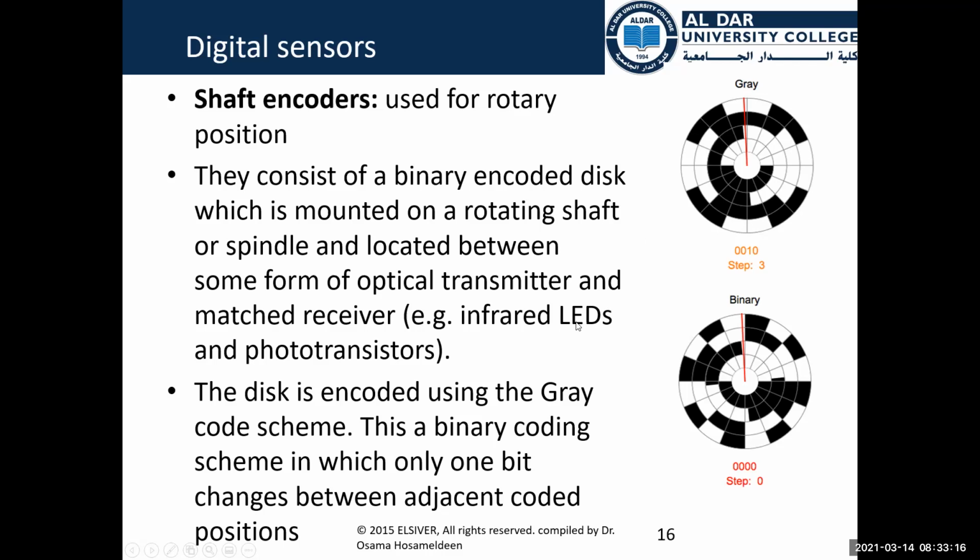The light passes from the LED to the phototransistor through the white places and is blocked by the black places. Accordingly, we can have a digital value of the shaft, and accordingly we can measure the angle of rotation.